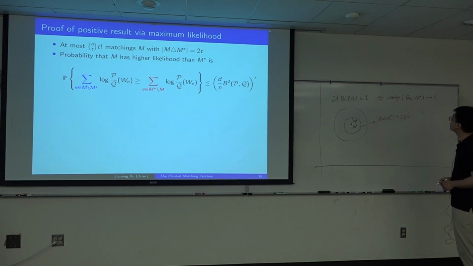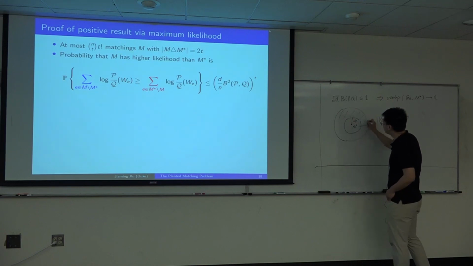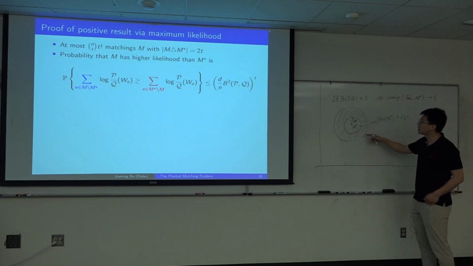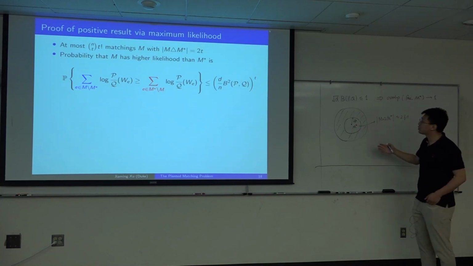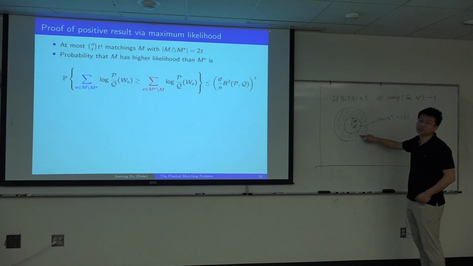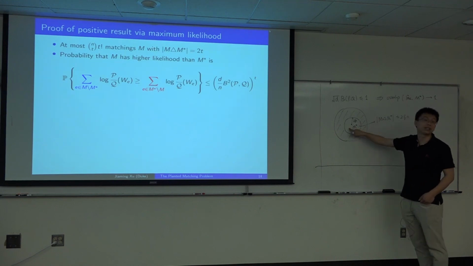Now what we are trying to show is that for all the other matchings that are far away from the true matching, their likelihood should be smaller compared to the true matching. If we can show all these matchings have a smaller likelihood than the true matching, then we know the maximum likelihood estimator has to be in this part.